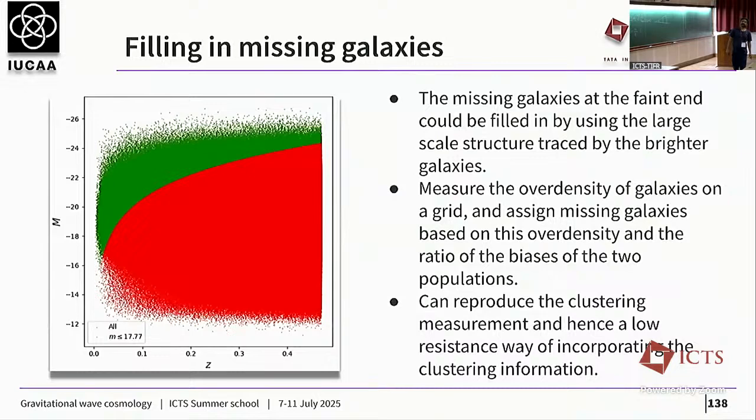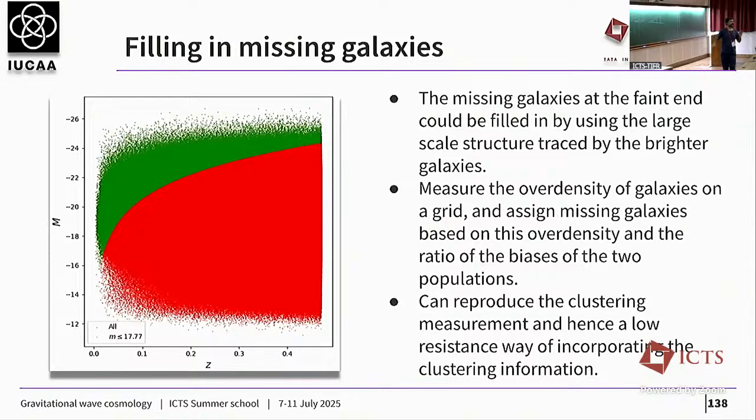There's one other thing that you can do, and this is the master's thesis of Devesh, who is also sitting here with you. What we are trying to do is to take galaxies that we observe. So this is again a familiar diagram, luminosities or absolute magnitudes of galaxies versus redshift, brighter galaxies here. You can see the green galaxies.